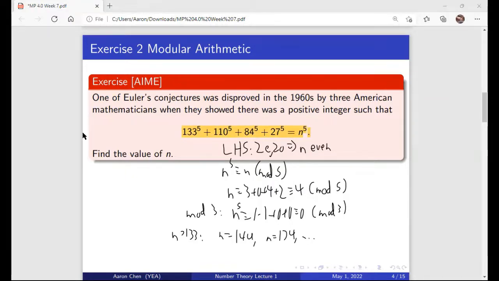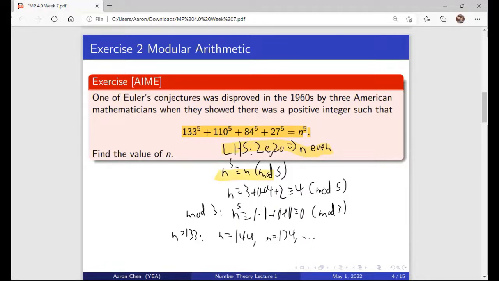Okay. So first of all, we can notice that the left-hand side has 2 evens, 2 odds, and so that would mean that n is even as well, because the sum of 2 evens and 2 odds is even itself.